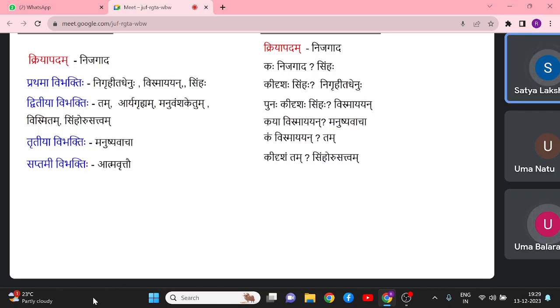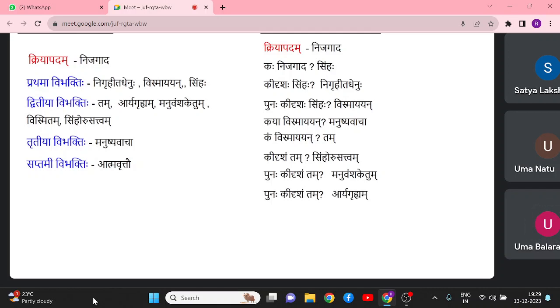Punaha Kidrisham Manuvamshaketum. One more. Aryagruhyam. Punah Kidrisham Tam Aryagrihyam. One more. Vismayayan. No. That is Vismitam. Vismayayan is Simha. Vismitam is Dilipa. Punah Kidrisham Tam Vismitam.